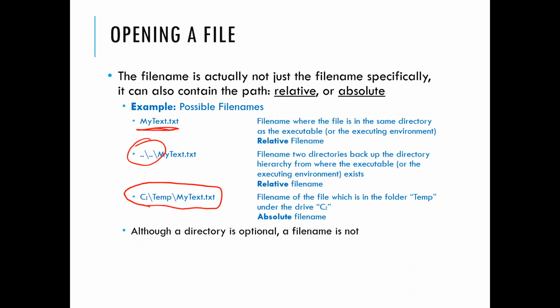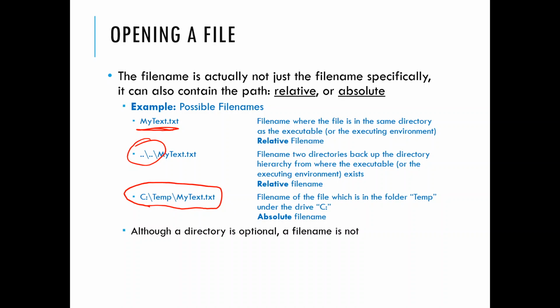The absolute file path says that it doesn't matter where I start from, where I'm calling this function from. That absolute file path is always going to work. Of course, if somebody changes their directory structure, so for example, if I'm installing a game on other people's computers, I have no idea where they put the game or where they put all the media that they were going to use. And so absolute file paths have problems as well.